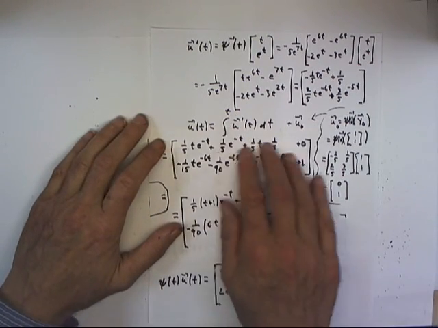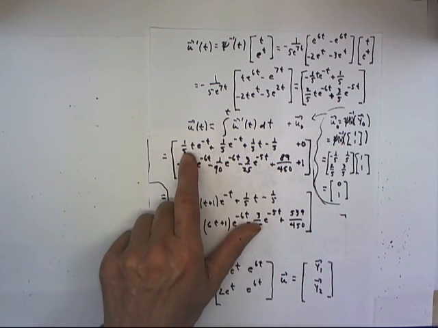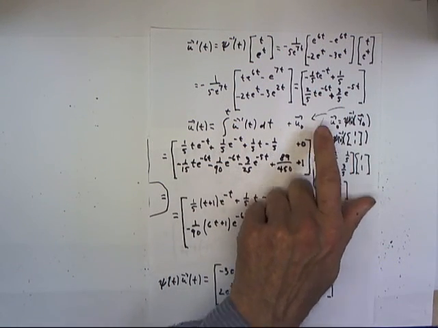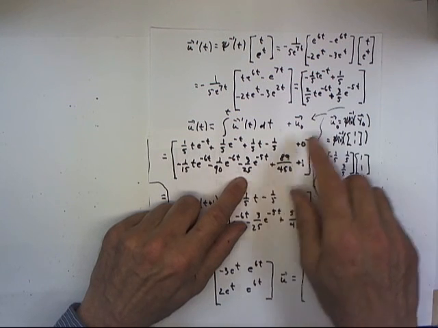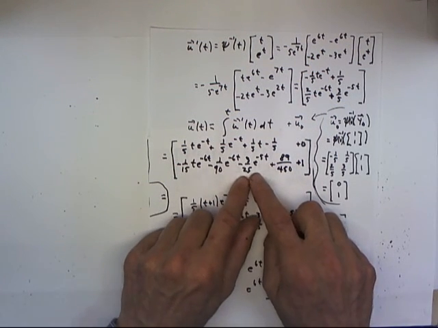Okay, this is still, it's not quite as bad as it was. At least we can do the fractions in our head. So doing the integrations, we end up with what we have here. Again, I integrated 3/5 t e to the negative 5t, causing myself a little more trouble than I needed.